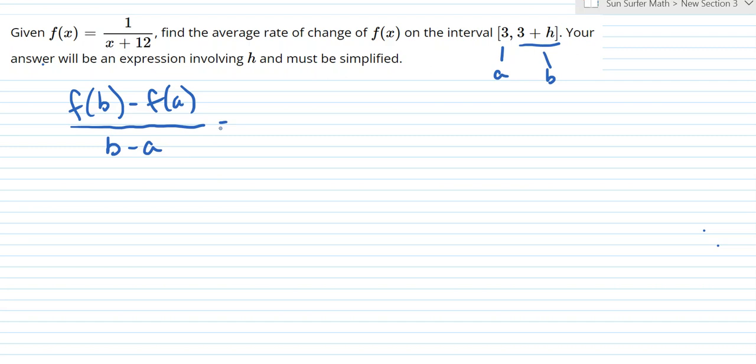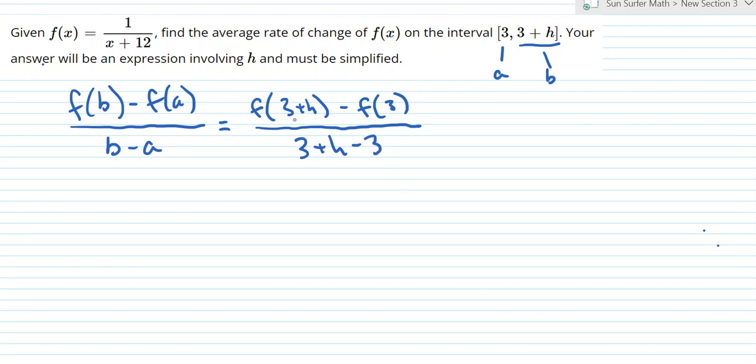So we want to find f of 3 plus h minus f of 3 divided by 3 plus h minus 3. Okay, so again, this is f of b minus f of a over b minus a.